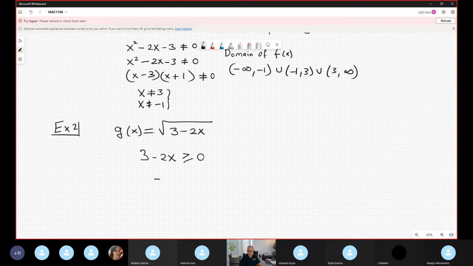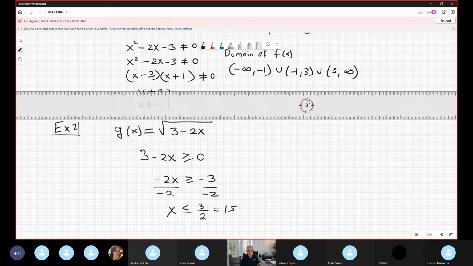The inequality is minus 2x greater than or equal to minus 3, divided by negative 2 on both sides. Okay, now be careful, because when you divide an inequality by a negative number, you have to reverse the direction of the inequality sign. So x is less than or equal to 3/2. 3/2 is 1.5. Now I want to represent this graphically, I like that.